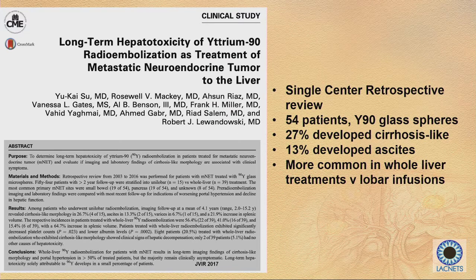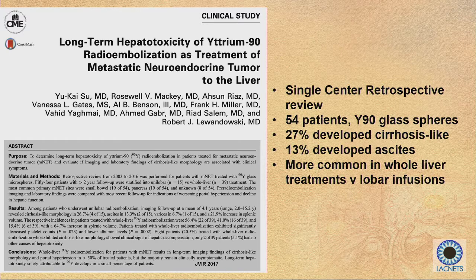This was a study out of Northwestern University looking at long-term hepatotoxicity of Y90. It was a single center review, and they followed these patients for 2 years after the radioembolization. They looked at 54 patients, and they used glass microspheres or TheraSpheres, which in general tend to be hotter, a more radioactive sphere than the Sir-Sphere.